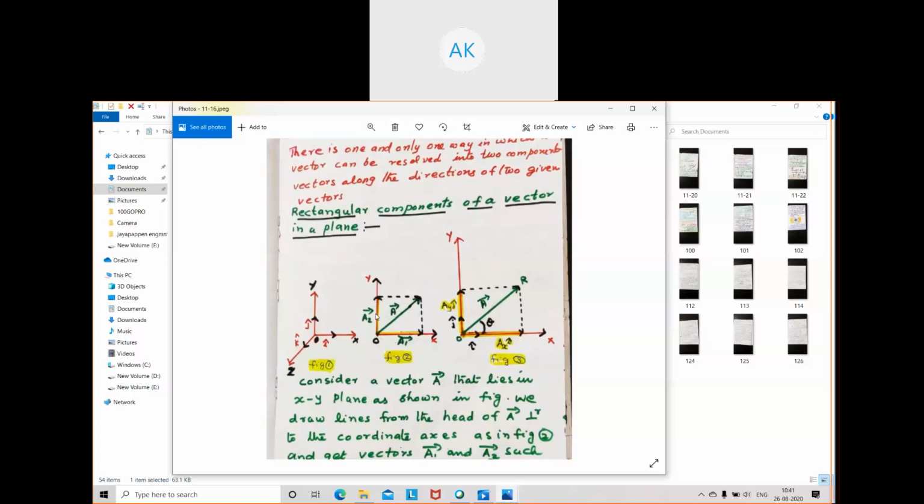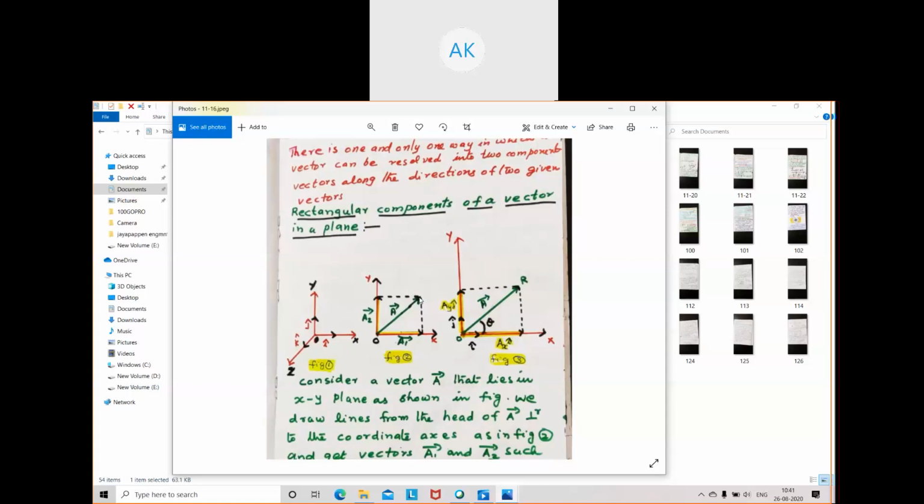What we have done: we have drawn two perpendiculars. First, the perpendicular to the x-axis gives the component of vector A along that direction; vector A1 is the component of vector A along the x direction.